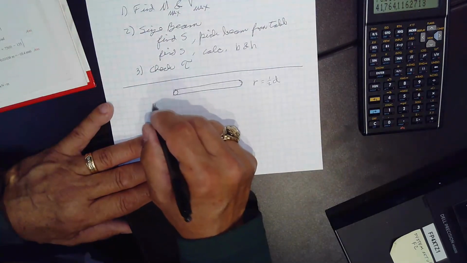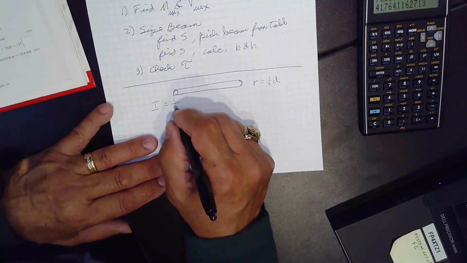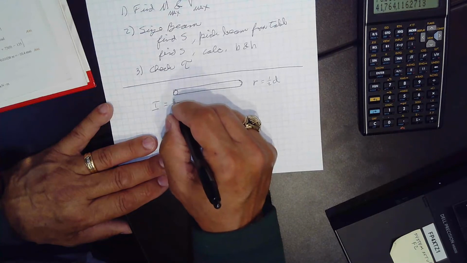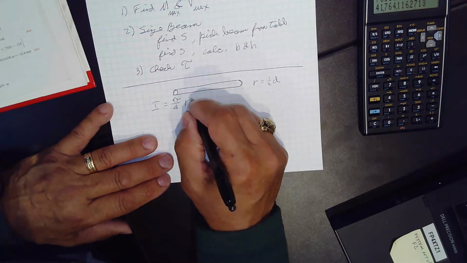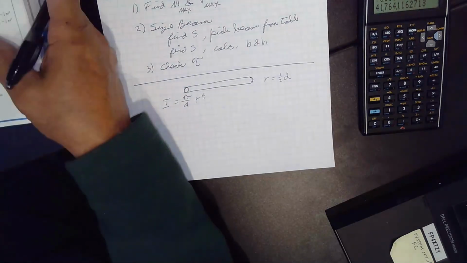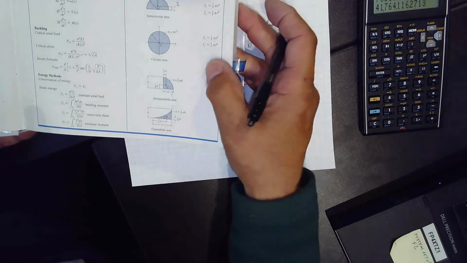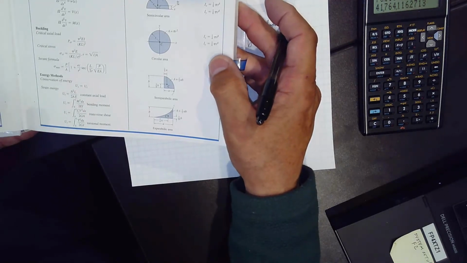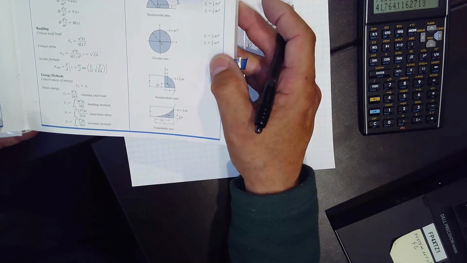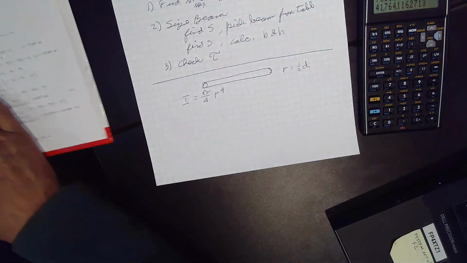We know that I is equal to pi over 4 times r to the 4th, right? And if you forget, it's right here in the front of the book. But that's a good thing to write down in case you get nervous and you say, oh my gosh, what is it? There you go. And the area, of course, is pi r squared.